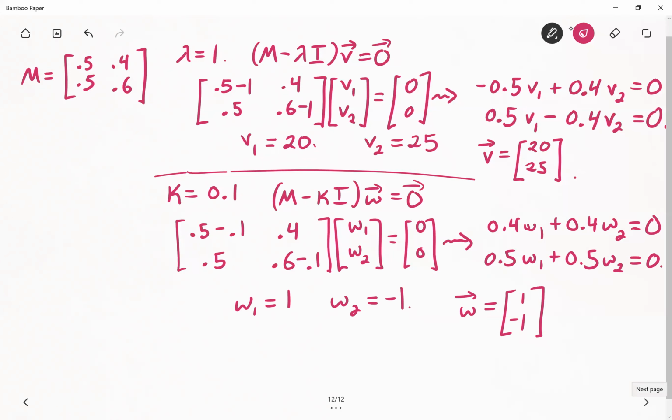Now let's use this to diagonalize the migration matrix M. And so we can write M as P times D times P inverse, where P contains the eigenvectors, so 20, 25, 1, and -1.